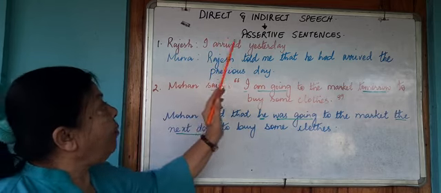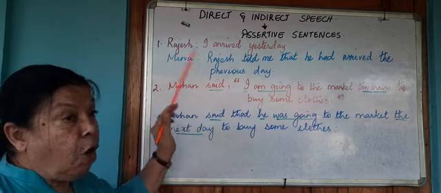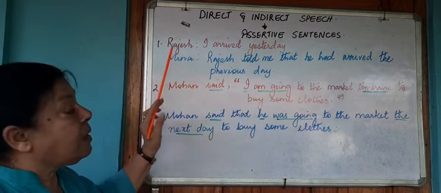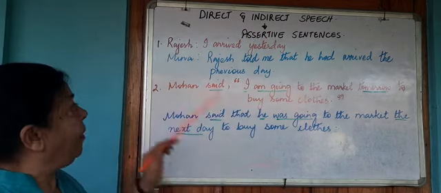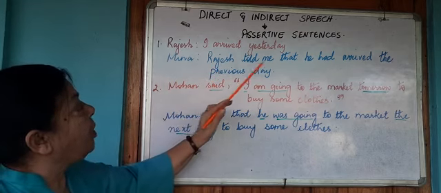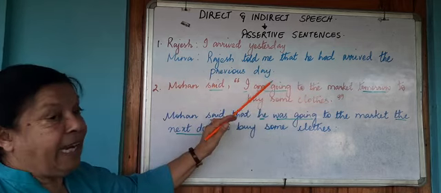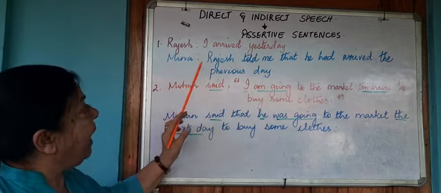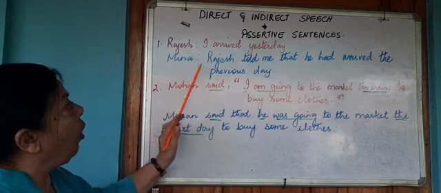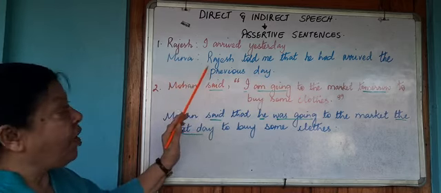Now, when we use the indirect speech, that means we are reporting, or telling what someone told them. Meenu says, "Rajesh told me that he had arrived the previous day." You will find that in the reported speech, or the indirect speech, we have some changes.